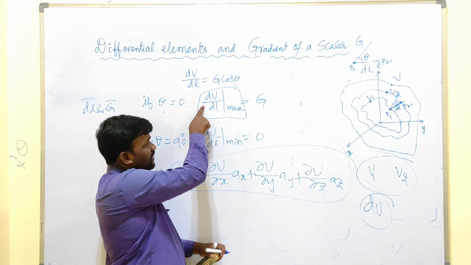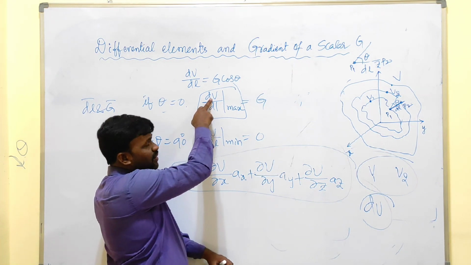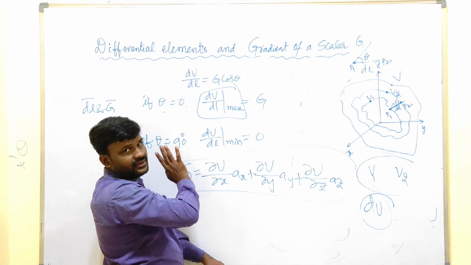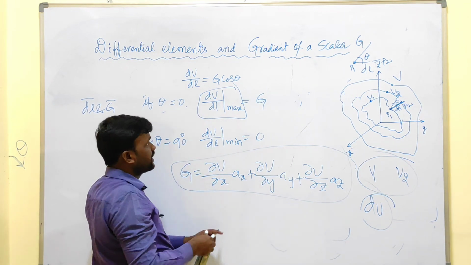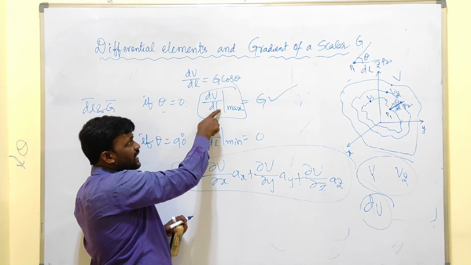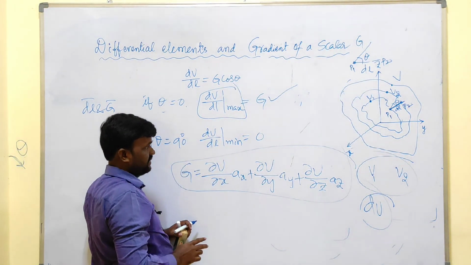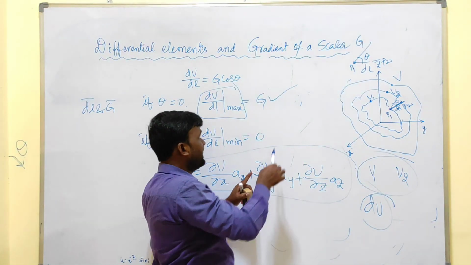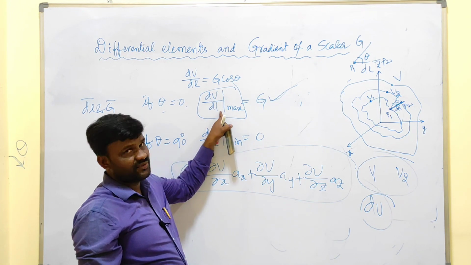Of course, it also represents the maximum space rate of change of the scalar function V. That means if the displacement is along this gradient direction, then you will get the maximum change in this V.